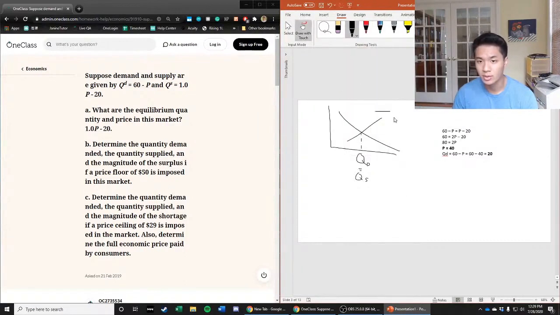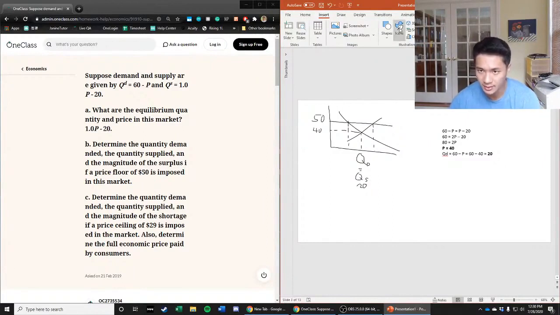We know here that this equilibrium price is at 40 now, and we know that this equilibrium quantity is at 20. So what does a price floor look like at 50? It's gonna look something like this, right? So we can expect that quantity supplied will be high, quantity demanded will be low, and we're gonna have some sort of surplus, right? So let's do the math now.